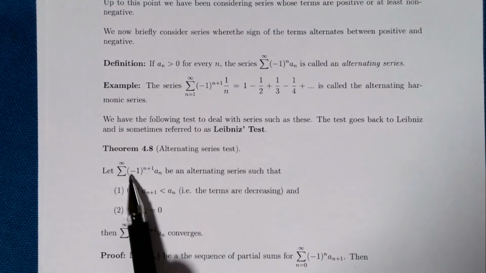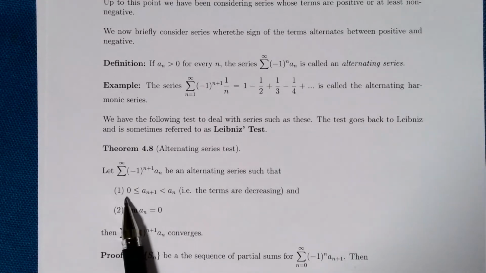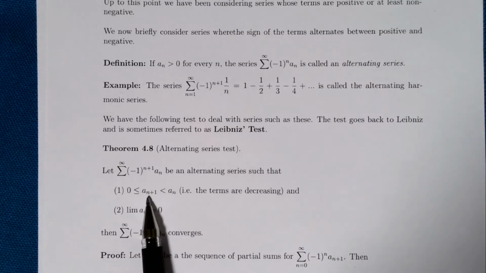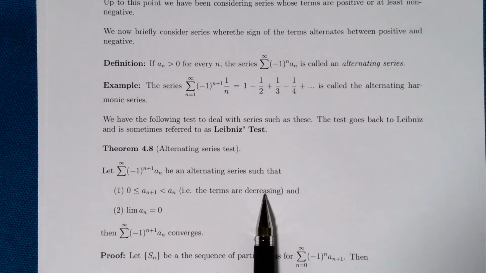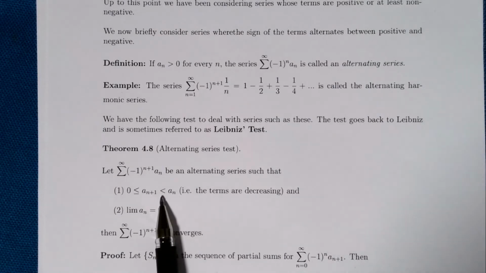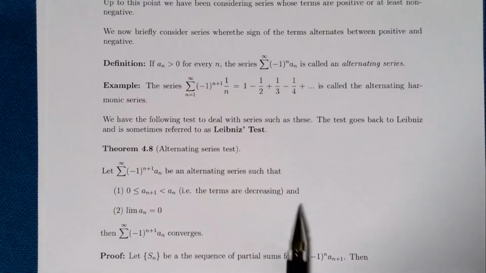Well, we've got an alternating series. This can be n or n plus 1, doesn't matter. And the first condition is that a_{n+1} is less than a_n. That is, the terms have to be strictly decreasing. Each term's got to be getting smaller and smaller as we move along.